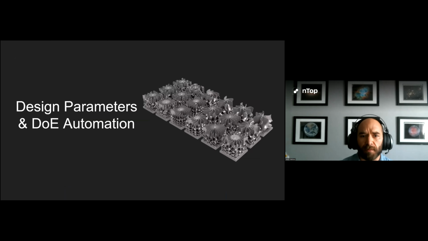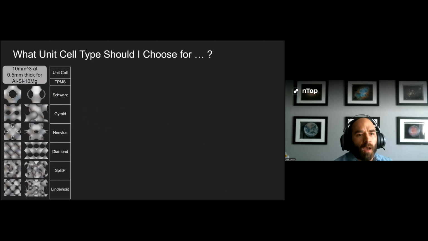Let's get into more of the fun stuff, the design parameters that we have available to us and how we can start to automate those processes. A question I get all the time is, what unit cell type should I choose for what type of physics? We're focused on heat exchangers today, or two domain heat exchangers, I should say.